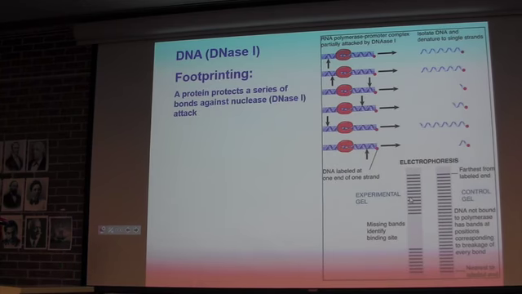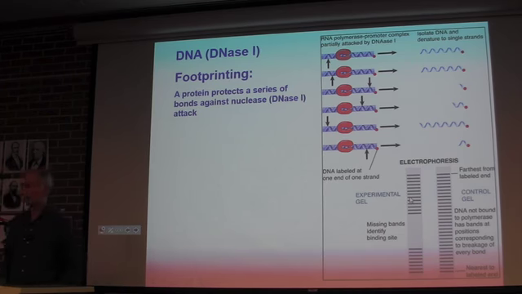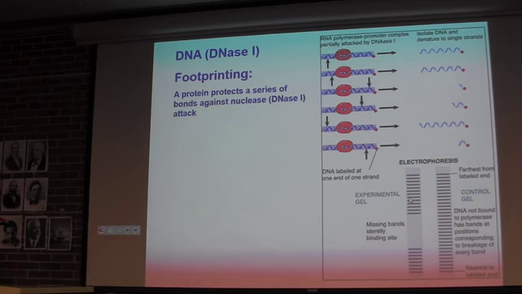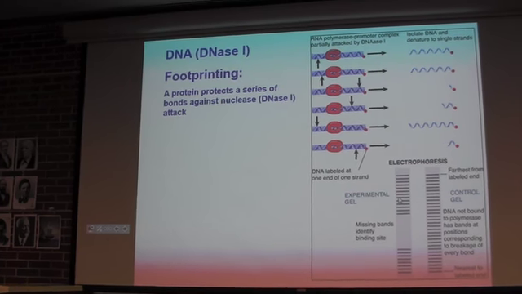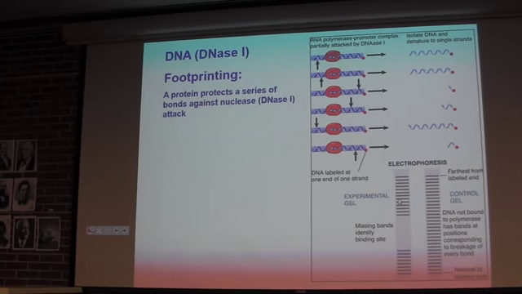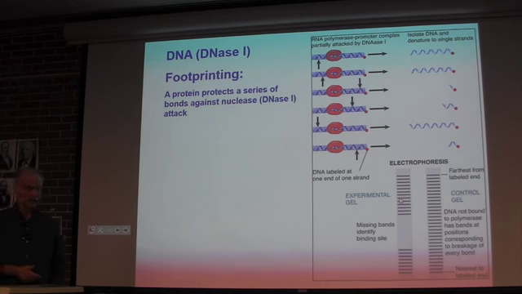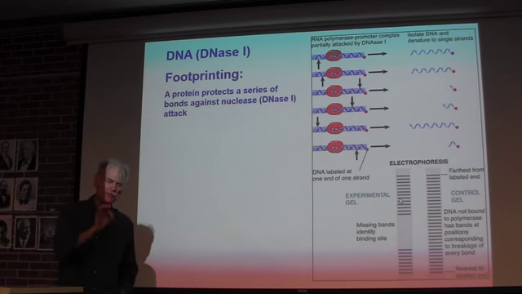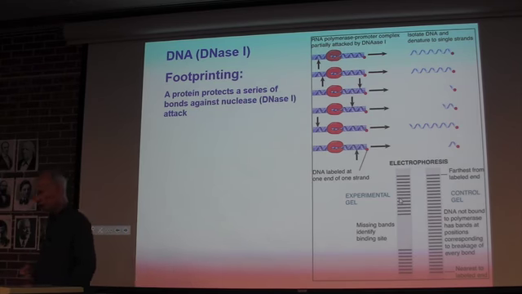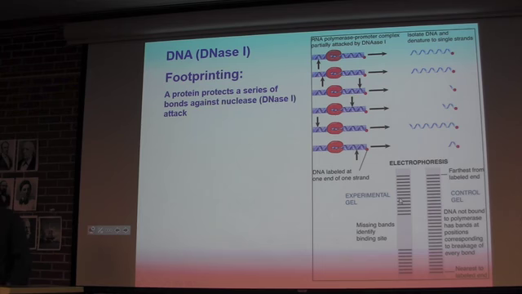Here we see one of the few technique slides, and this is what the ancient Greeks did. It is so old, and I'm not sure why we talk about it much anymore, but if you take DNase, of course that digests DNA, and if you put just a little bit in the reaction tube, you can get it so that it doesn't just chew your DNA down to free nucleotides.